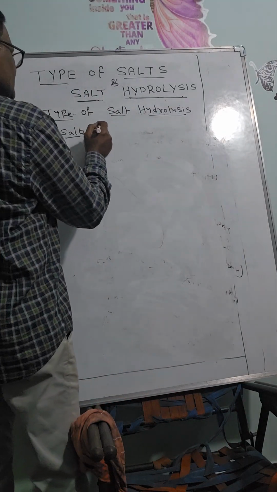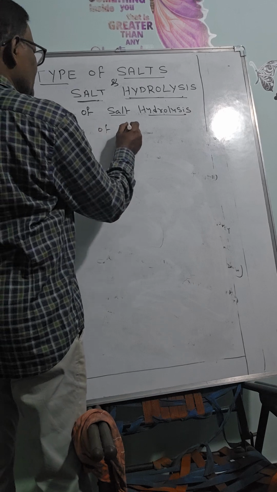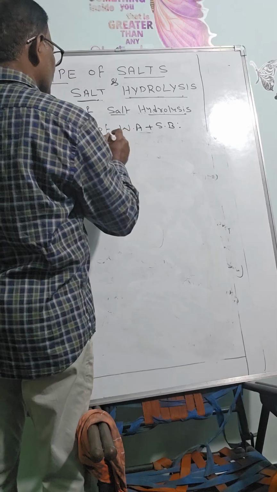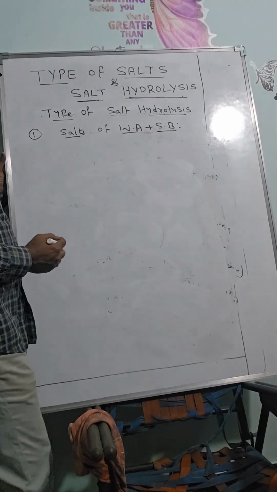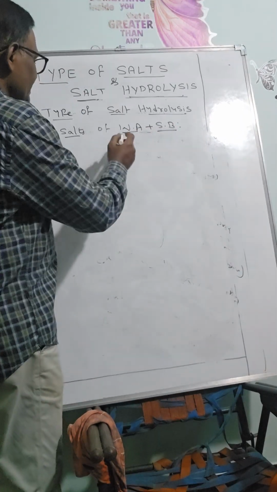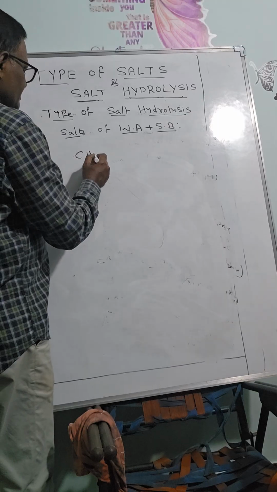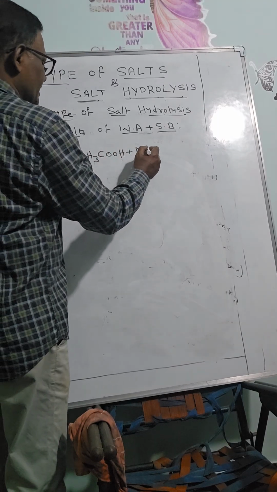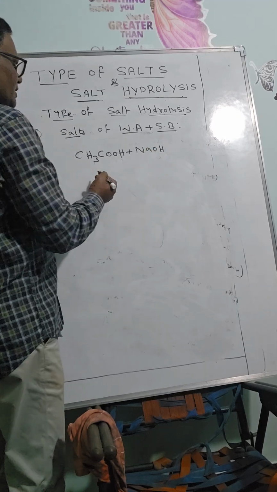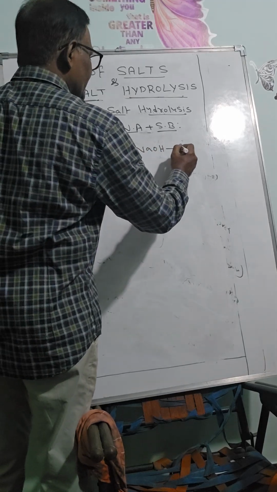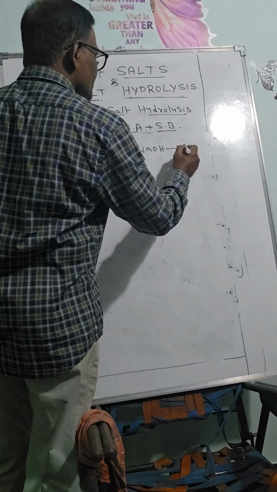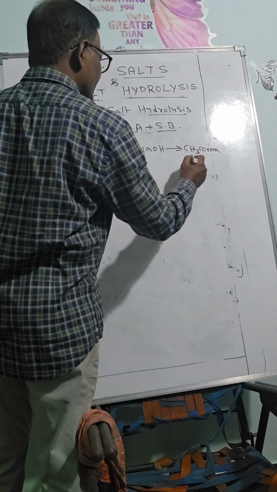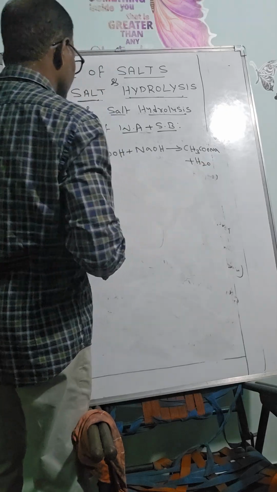So next, children, salts of weak acid and strong base. Weak acid means, for example I am taking acetic acid, plus strong base I am taking NaOH. So these two combine to get the salt CH3COONa, sodium acetate, and water.